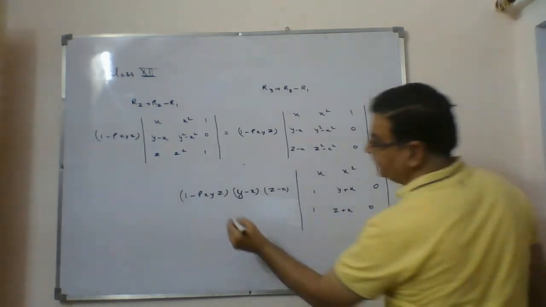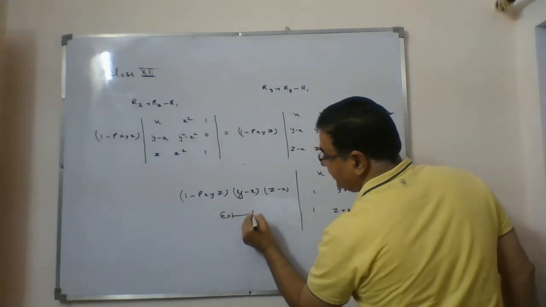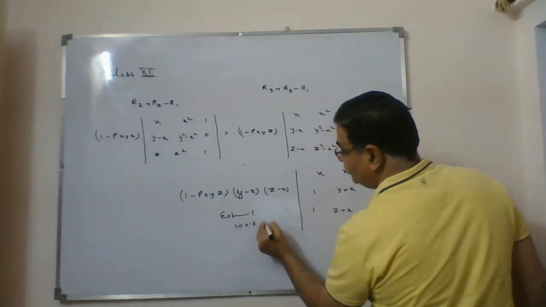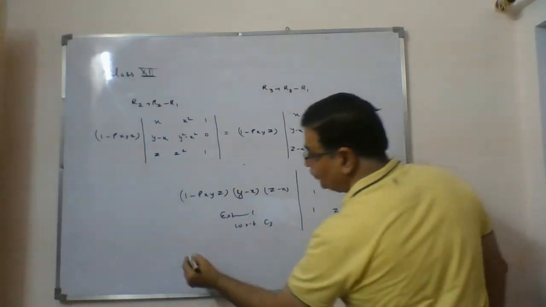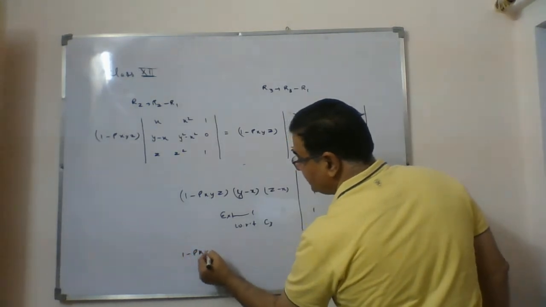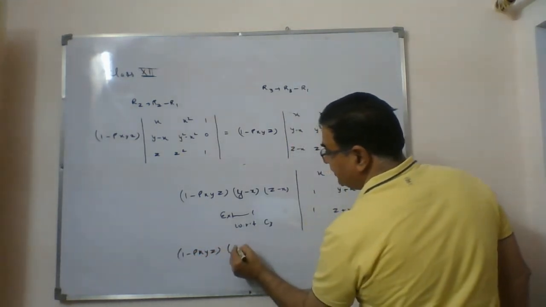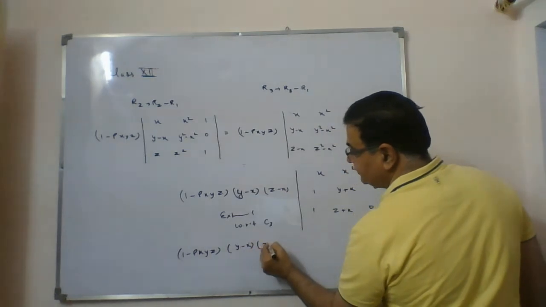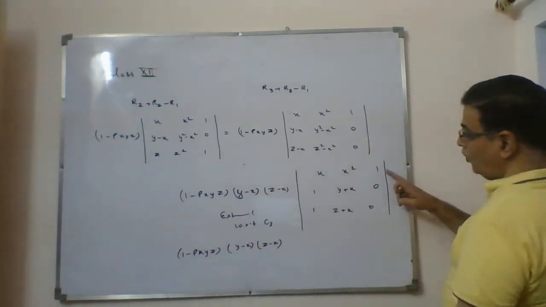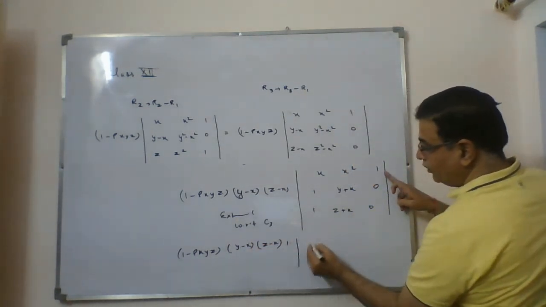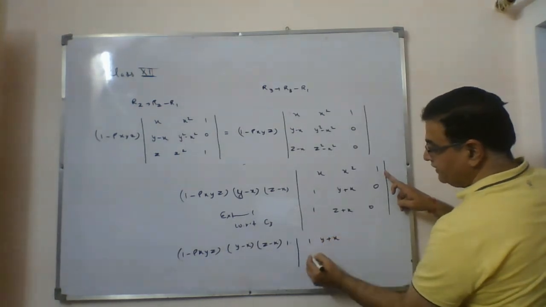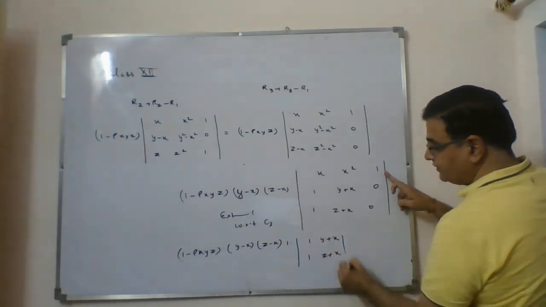And now you expand with respect to column 3. So when you do it, 1 minus pxyz, then y minus x, z minus x, 1 into its cofactor. What will it come? 1, y plus x, 1, z plus x.